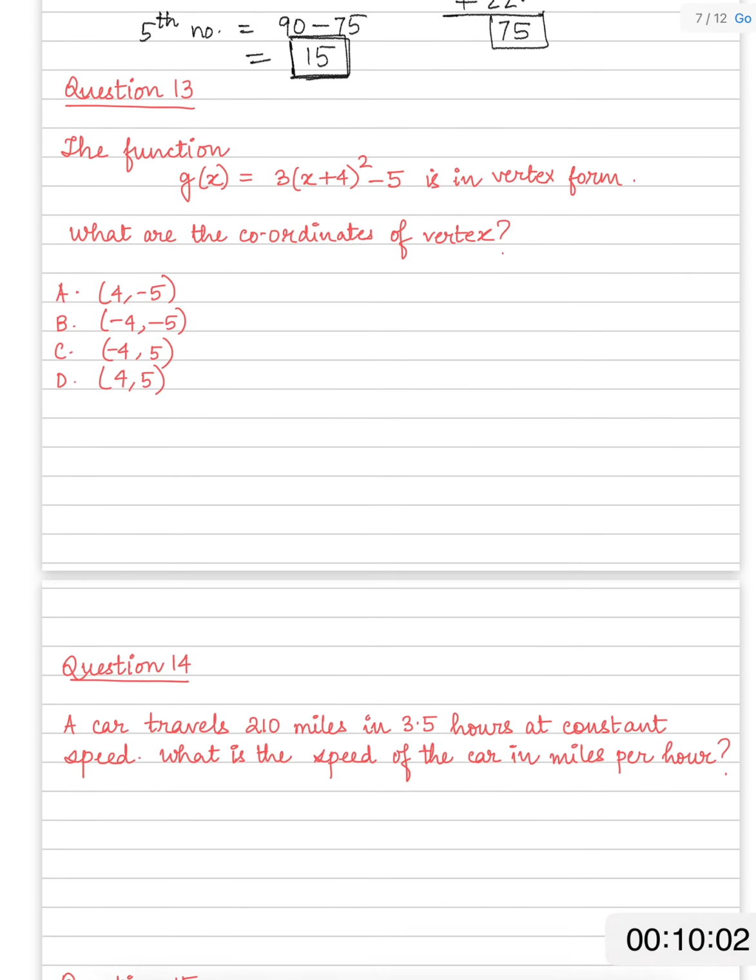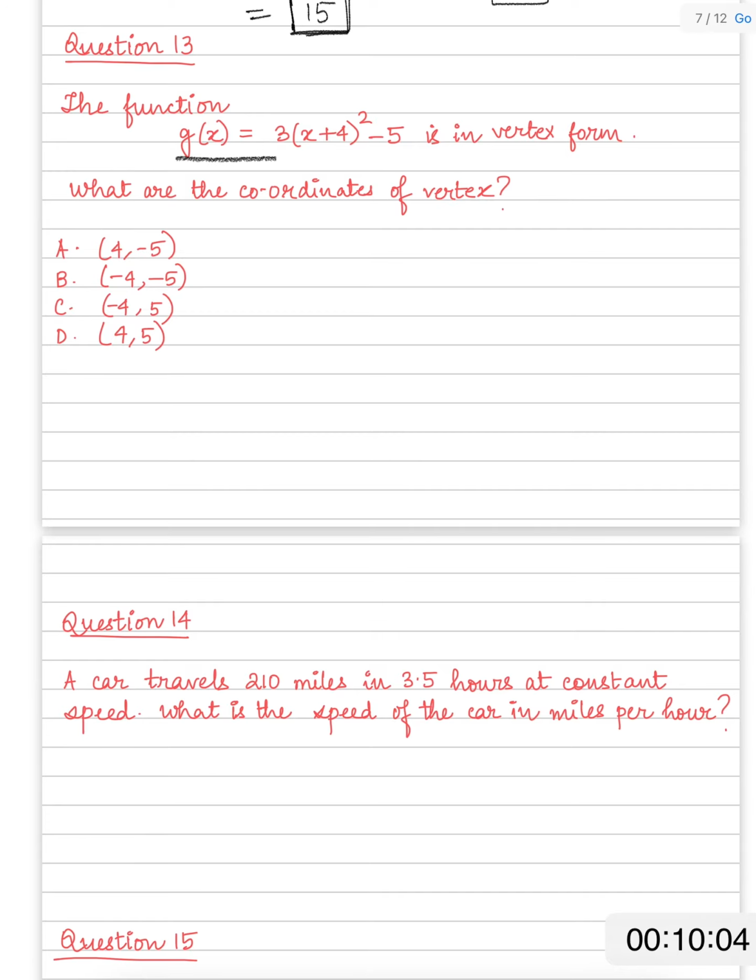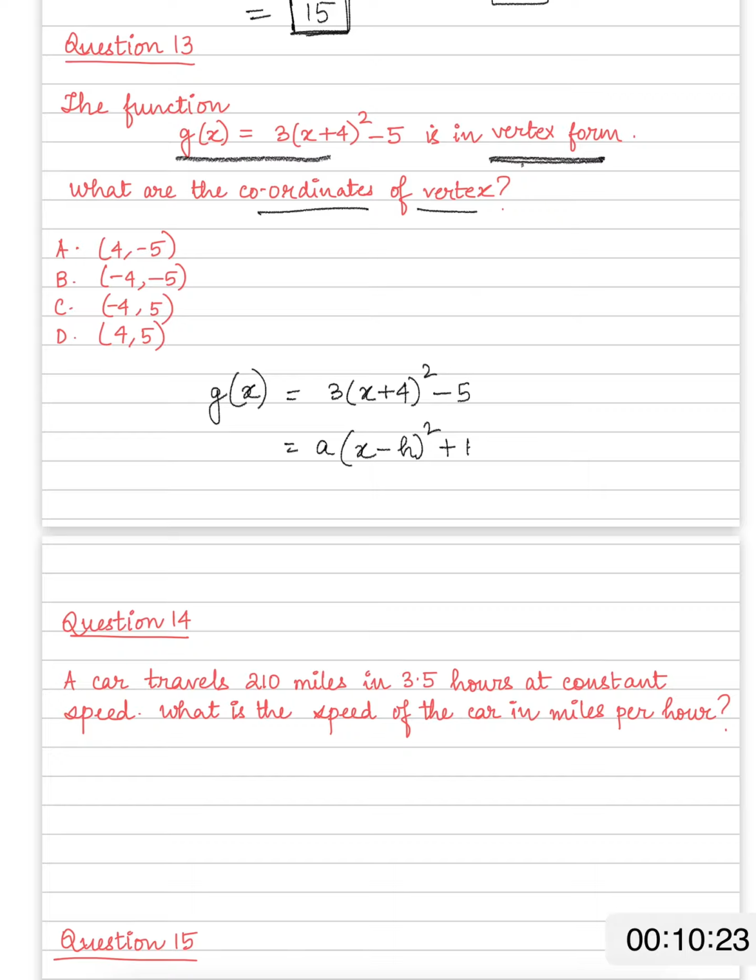Now moving on to question number 13. This function is given in the vertex form. We need to find the coordinates of the vertex. So g(x), right? That is 3 into x plus 4 whole square minus 5. The general form is a into x minus h whole square plus k. And the coordinates of the vertex are h comma k.